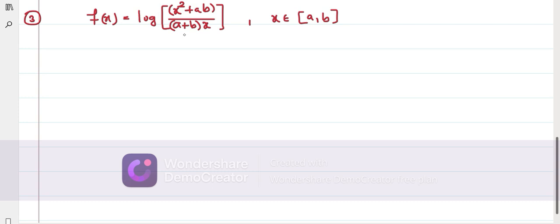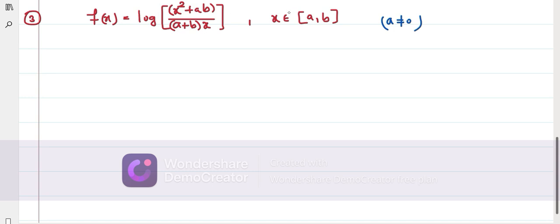So here I can say that a must be not equal to 0. That is one condition. If a = 0, I cannot say that the log function is defined. What happens if a = 0? We have x² / (b x), where b is non-zero here, right?